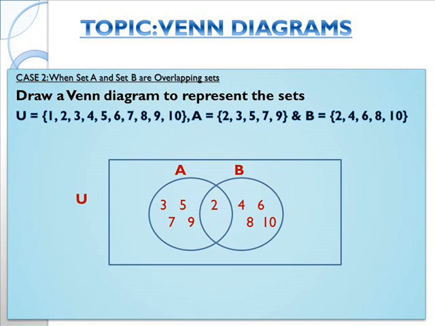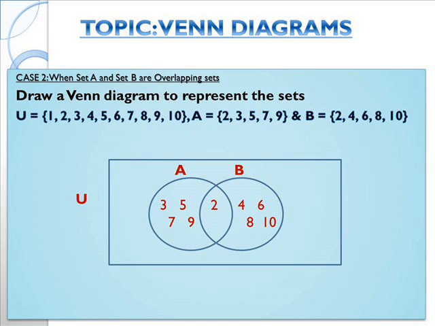Now we have 2 more sets, and you must have observed that the sets A and B contain a common element, that is 2. Well, when the sets contain at least one common element, they are called overlapping sets. And as you can see in the Venn diagram, the sets drawn are overlapping each other, and the common element, that is 2, is written within the overlapping region, while the remaining elements are written within the respective sets.